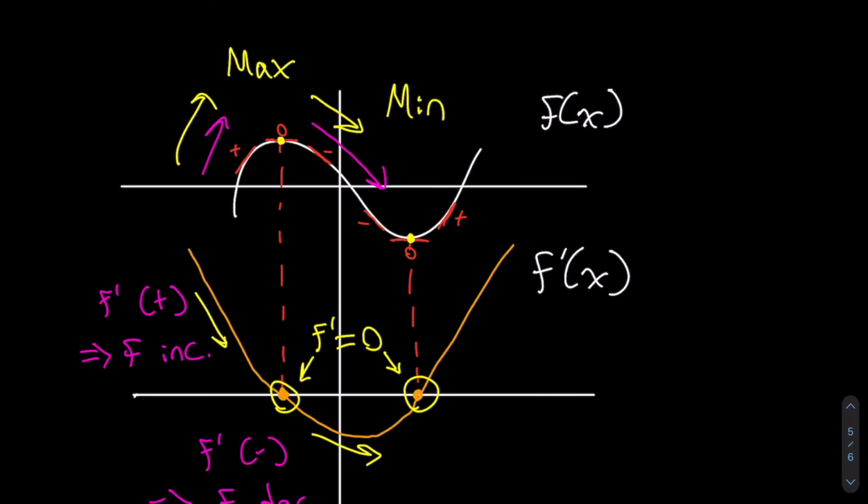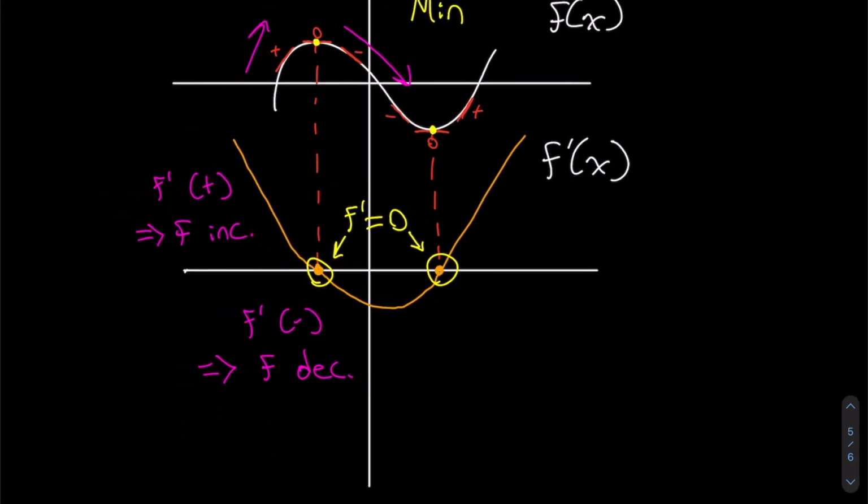Similarly, for the minimum, we're going from negative to positive, which means we're going down and then up, which means that minimum, or that critical point where f prime equals 0, we know would have to correspond to a minimum, because we go all the way down and then back up.